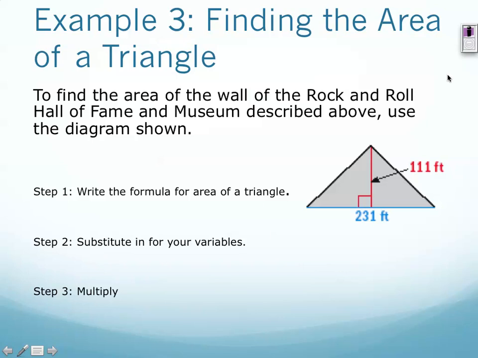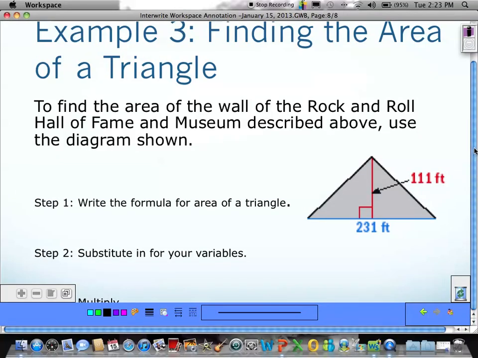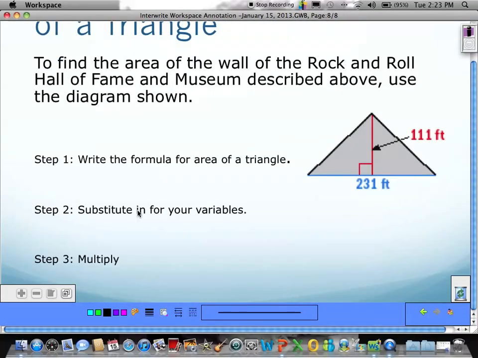All right, example number 3 says finding the area of a triangle. The very first thing we're going to do is write down our formula for the area. And we know that area for a triangle equals 1/2 base times height.